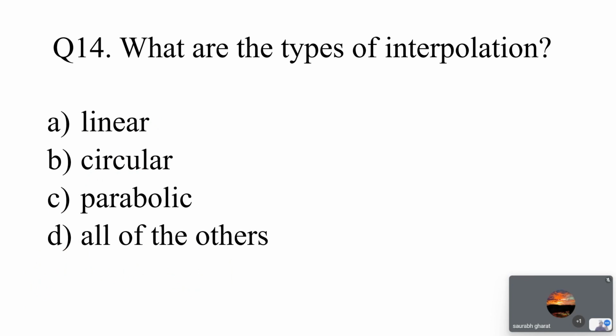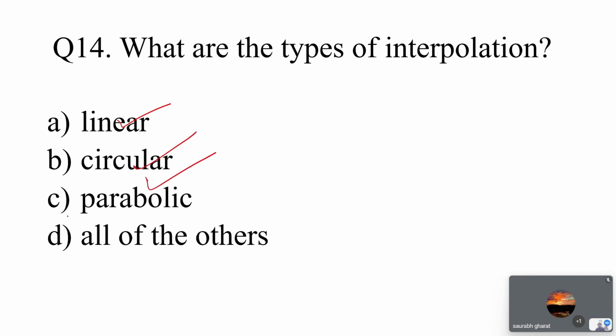What are the types of interpolation? Linear is the correct answer.